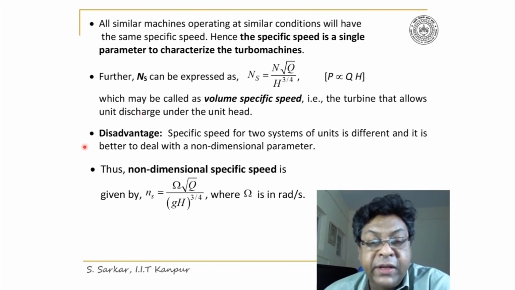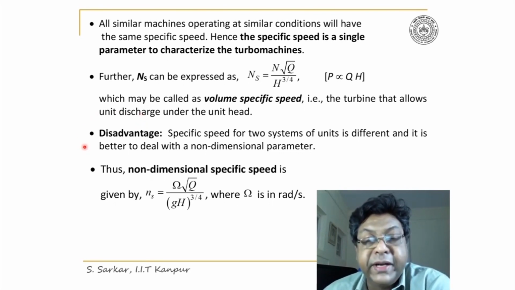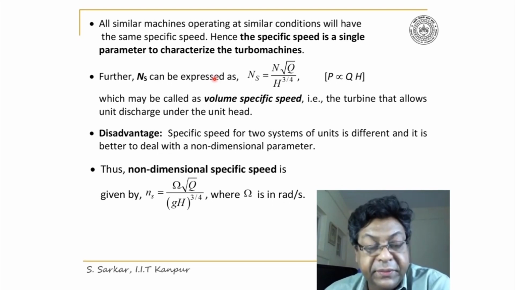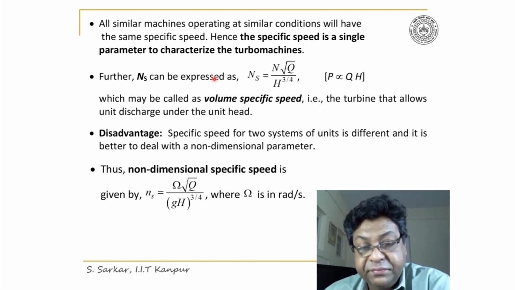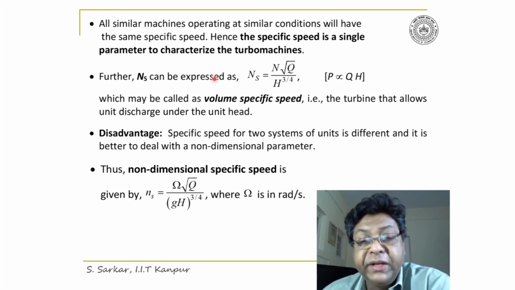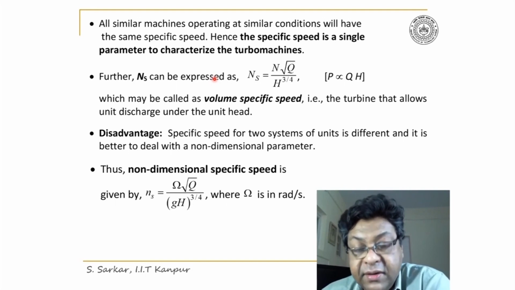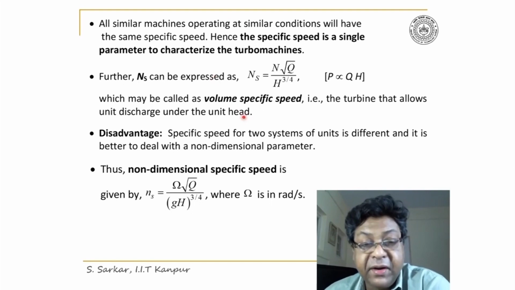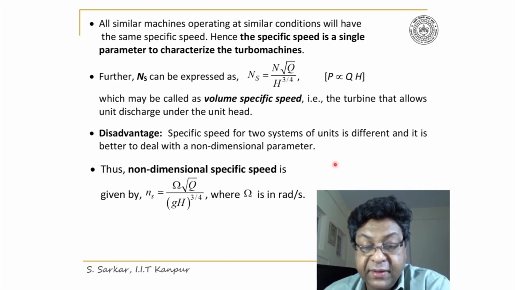Now another point I'd like to make here: what is the disadvantage of the expression of specific speed that I have derived right now? The disadvantage is that the specific speed of the same machine defined in two systems of units is different. That means it is system of unit dependent.